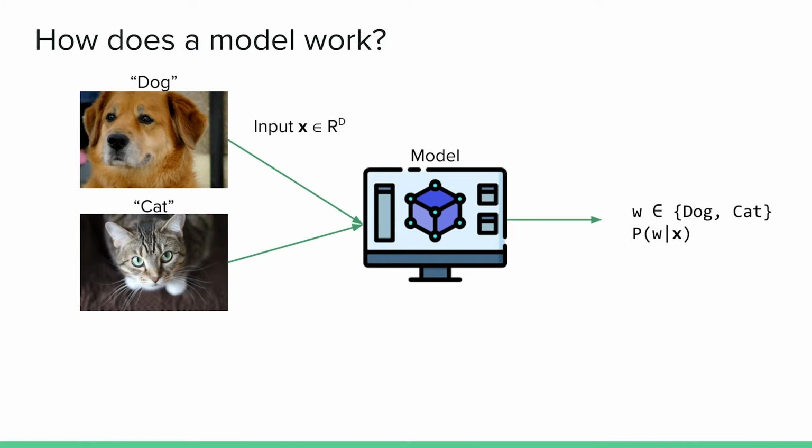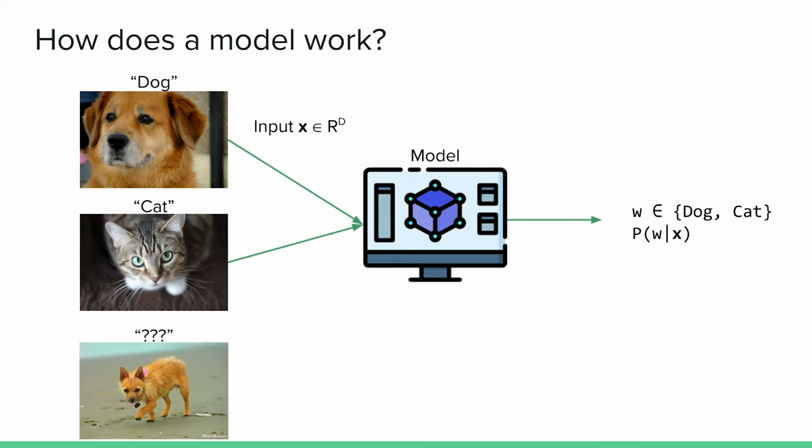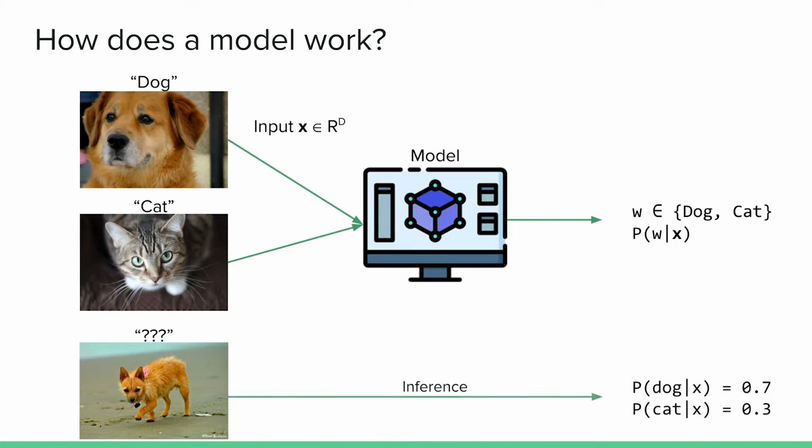In this case, it can say whether it thinks it's a cat or a dog. The idea would be that by taking a look at many examples of cats and dogs, it will eventually be able to take a new image, this example here, and say, well, this is a cat or a dog. And this process is what we call inference.